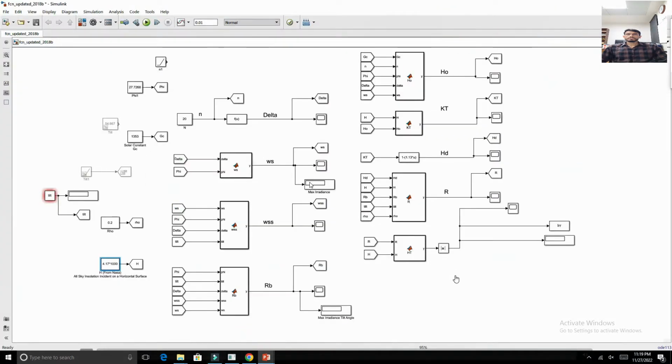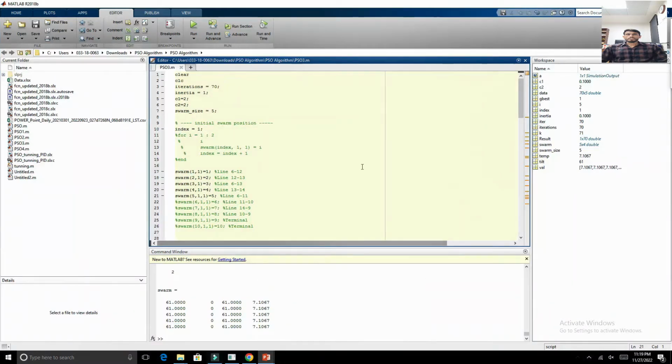These are all the equations which have been modeled in MATLAB. This is the algorithm code. We will set swarms to 3 and iteration level up to 50.